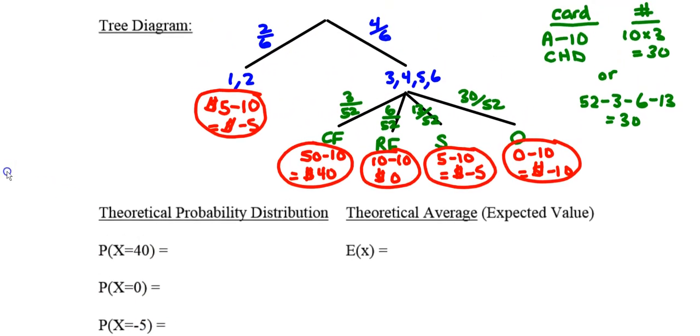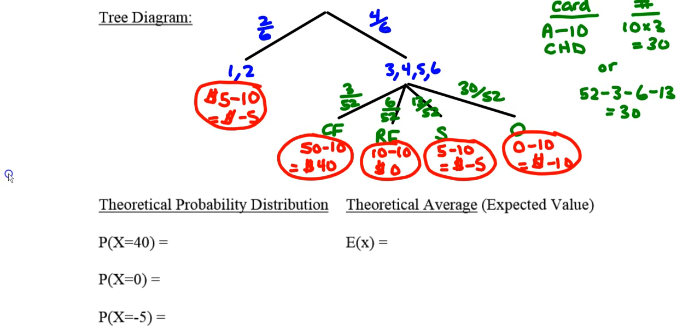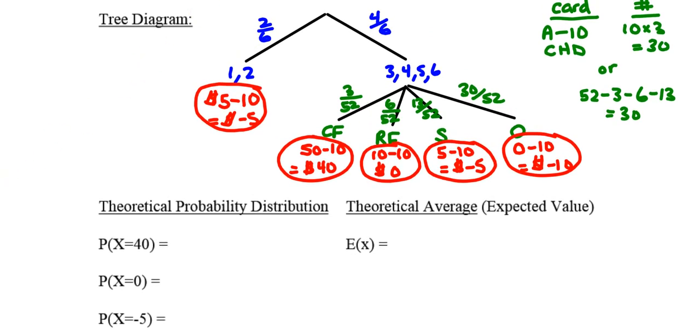And then you use your tree diagram to help you figure out the probability for each outcome. So the probability of winning $40 is this branch right here. And I like to either check it off or put a mark under each branch so that I know that I've counted each branch. So to win $40, it means you have to roll a 3, 4, 5, 6, which is 4 over 6.